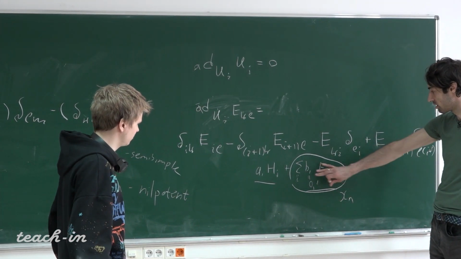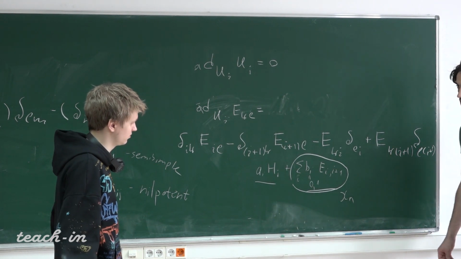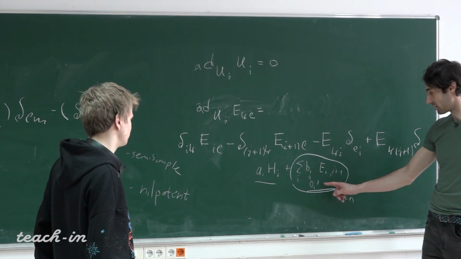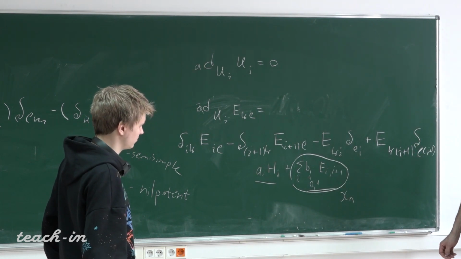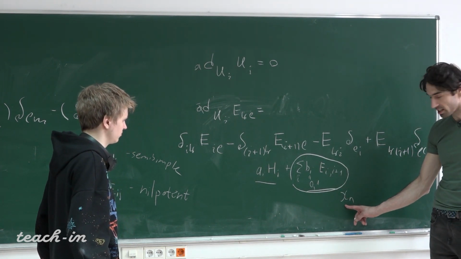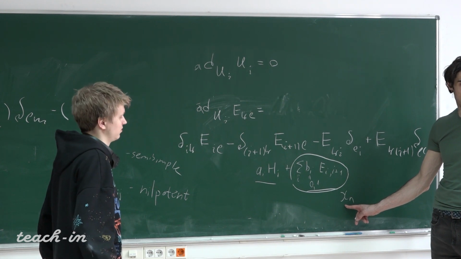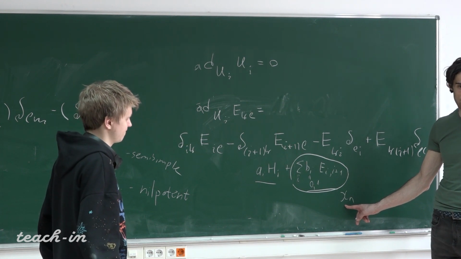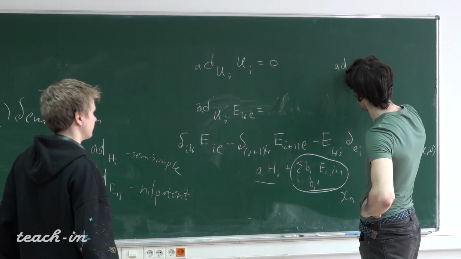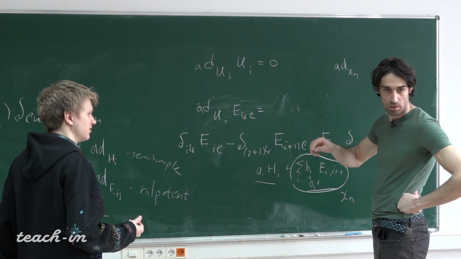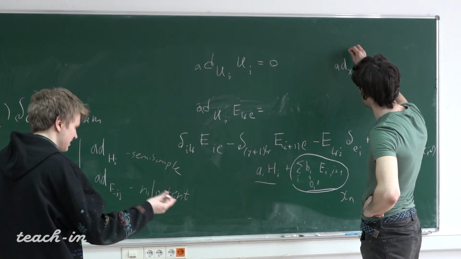So you don't even need the fact that it's something like this. We just need to check that xn is nilpotent in the abstract sense, right? Then we are done. But what does it mean? It means that you would like to check that ad xn to some power k is 0. This power is 2.